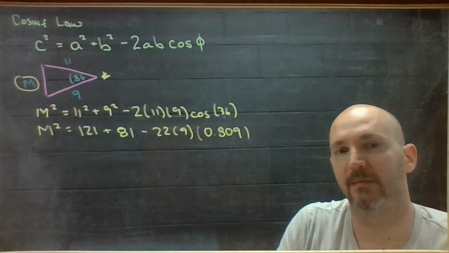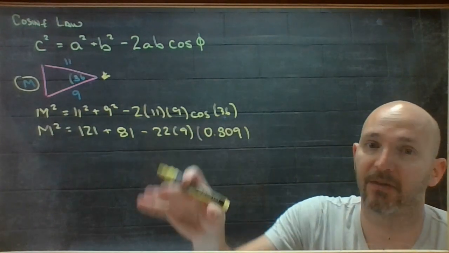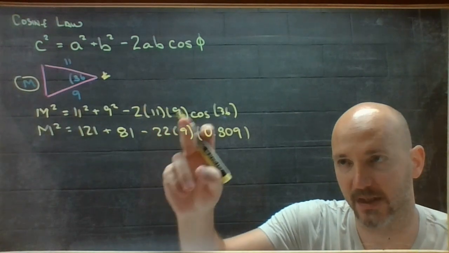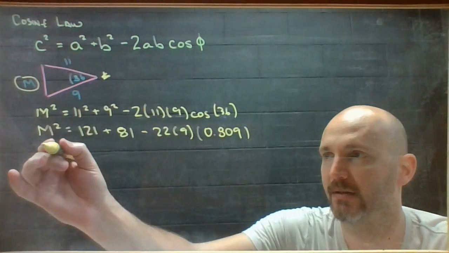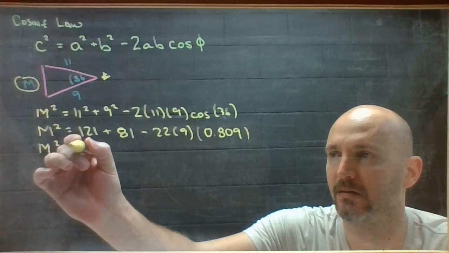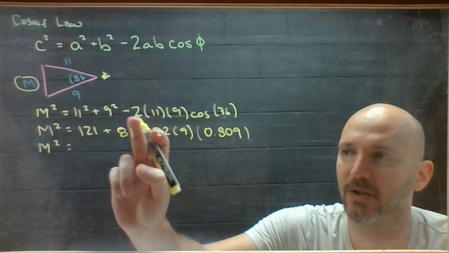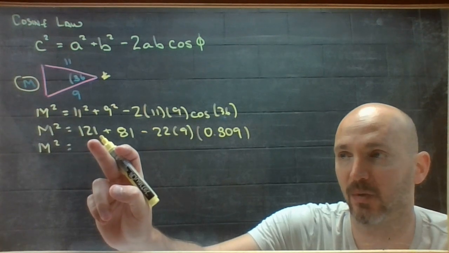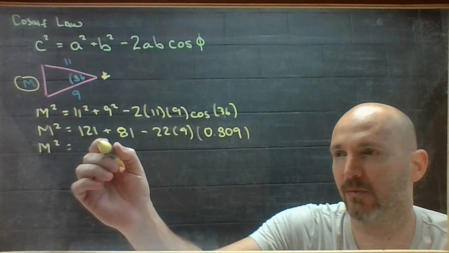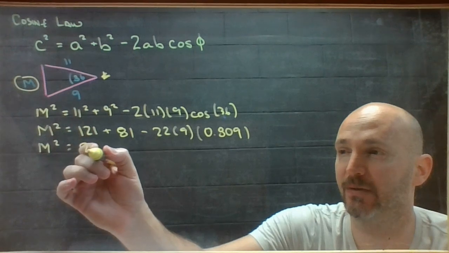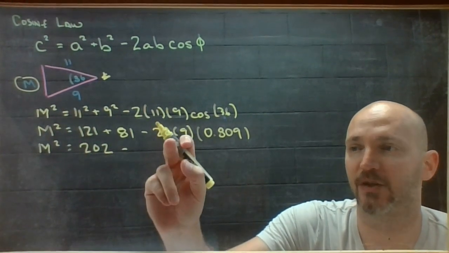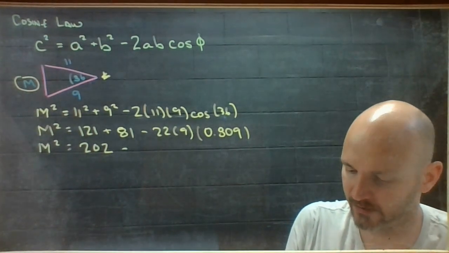Okay. So that's not everything I could have done in one line. I just sort of went through and did some steps. You could see how this is going. There's no multiplication happening with these numbers anymore, so I'm free to add them. 121 and 81 would be 202. I've got a 22 times 9 that I could do.